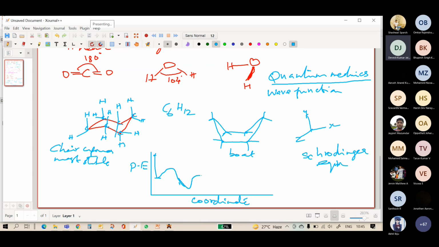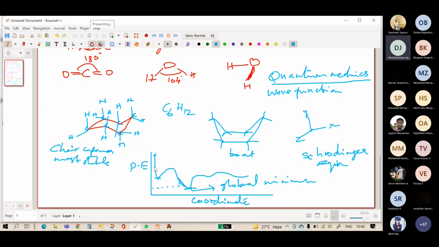Let's say you have another minimum like this, below which there is no other part of the potential energy graph with such low potential energy. So this is the global minimum, and this is a local minimum.